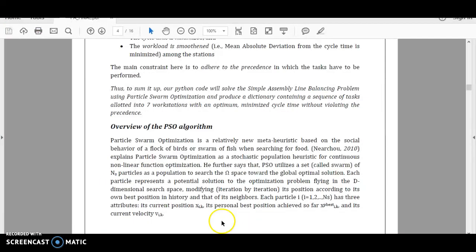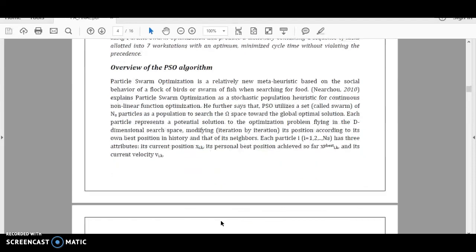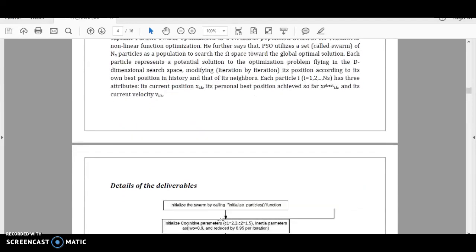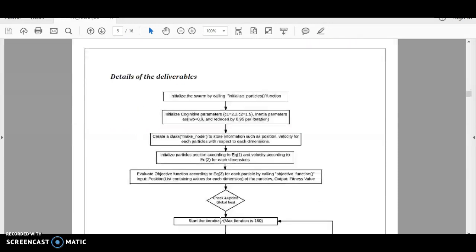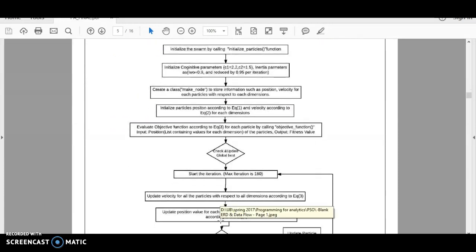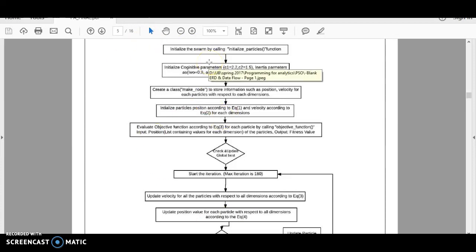So Ramprasad will take you through the Python code which we coded up for particle swarm optimization. Our code starts by initializing the particles.